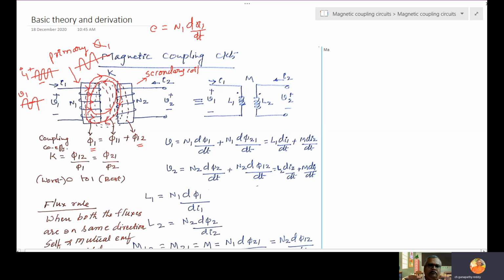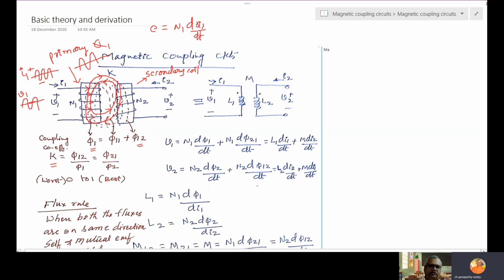The phi12 value depends on the coupling coefficient. What is the definition of the coupling coefficient? K is phi12 by phi1, or phi21 by phi2. Phi1 is the total flux developed, and a part of it is cutting the secondary. If the secondary coil is far away, then phi12 is 0 and K will be 0.